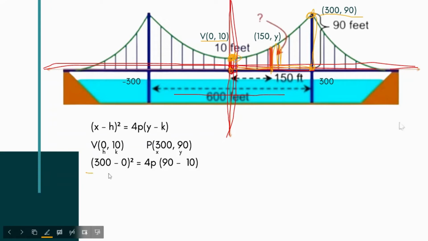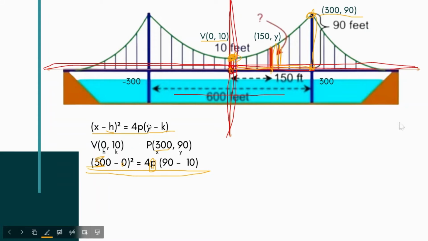How did we get this? We got this from the formula, where we put in h. We don't have an h, so it is 0. This is our x, 300, and h is 0, equals 4p, where we look for the value of p, times 90 minus 10.